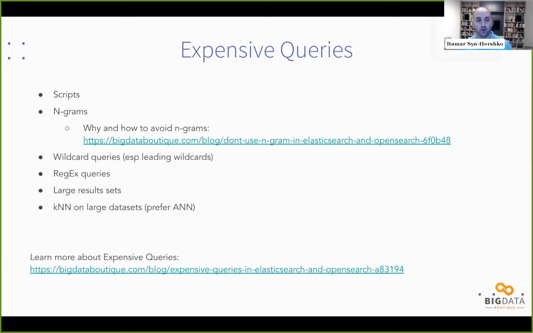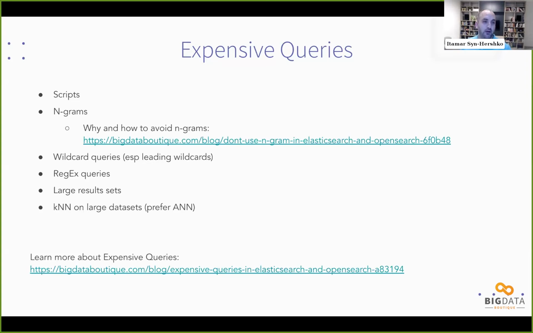In most cases, when we see n-gram queries, using n-grams is not necessary, and that will cause very expensive queries to be run because of how n-grams work. If you want to learn more about that and about the alternatives, I added a link here to a blog that discusses that at more length.